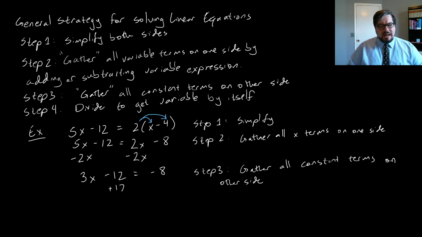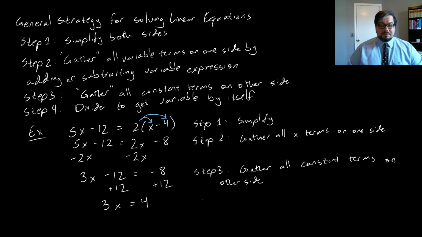So we want to add 12 to both sides. Now we're adding 12 here because we're trying to get rid of the negative 12 that currently sits in the left-hand side of the equation. This negative 12 plus a positive 12 will cancel out to 0, and that's exactly what we want. We could have added anything. We added 12 because that's what gets us closer to what we want. So we get 3x equals 4.